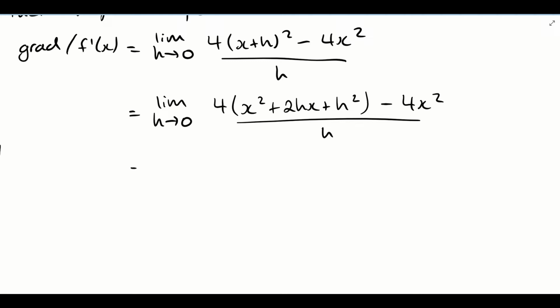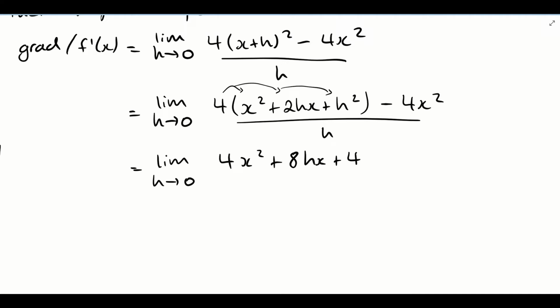Okay, we can now put this 4 into all of those brackets. So we will get the limit as h moves towards 0, and we get 4x squared plus 8hx plus 4h squared, take away 4x squared, divided by h.